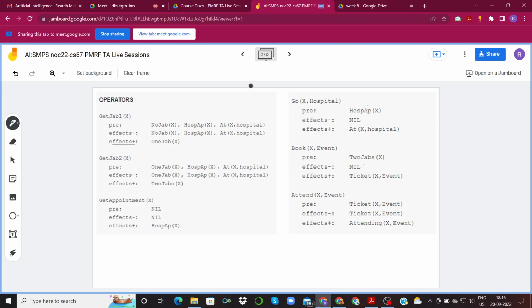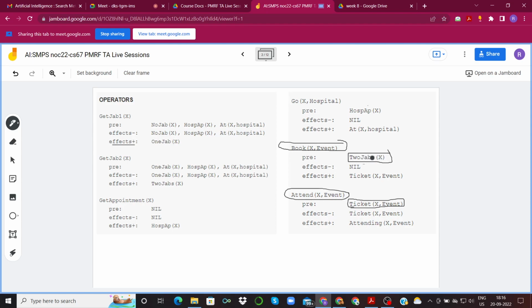In order for Amol to attend a certain concert, he will have to use the operator attend x comma event, and to use this operator, the precondition is that the ticket must be available. So let's go back and see how to book a ticket. To book a ticket, Amol will have to use this book operator, and the precondition is that he must have 2 shots of vaccine.